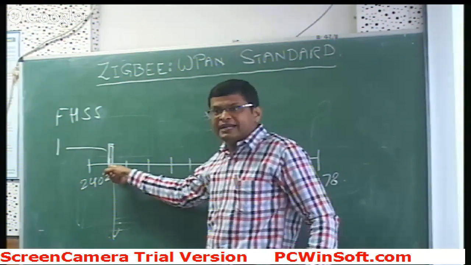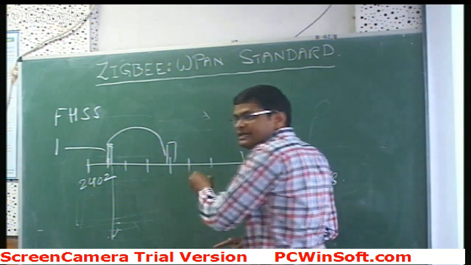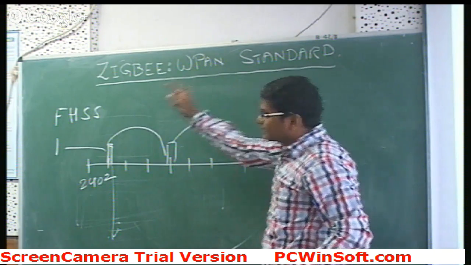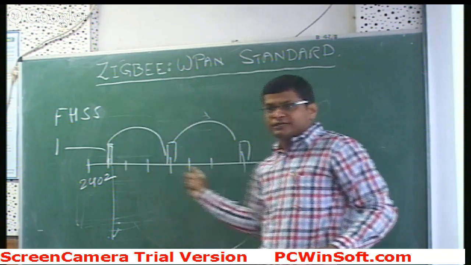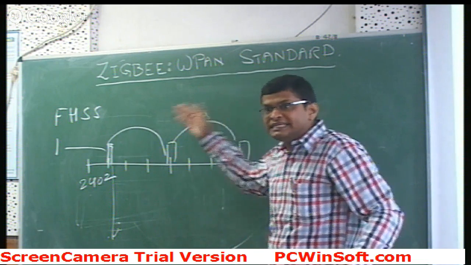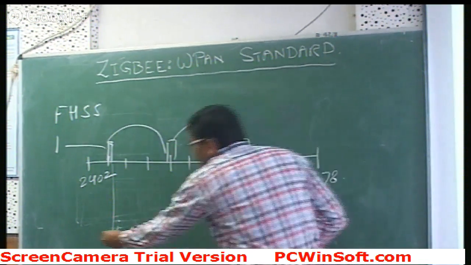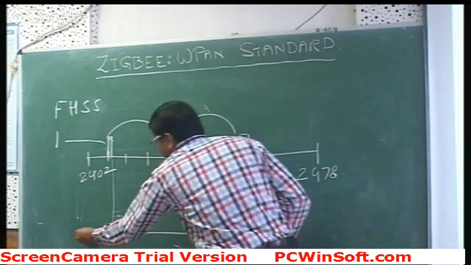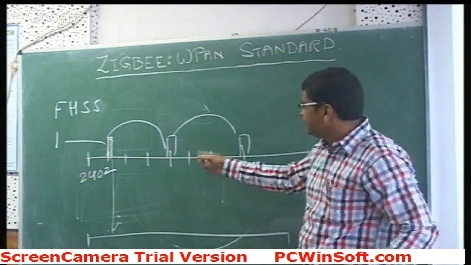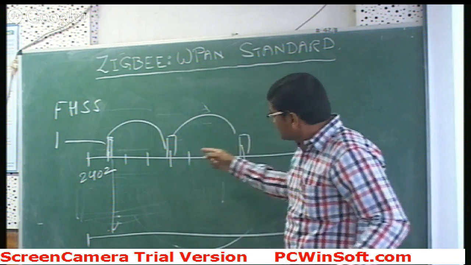First, I send my data by channel 1, then randomly by channel 3, then randomly over channel 5, and in a random way I use all the channels. The pattern in which I will send the signals over the air is known to my receiver. In what pattern I will send over which channel in the frequency, that pattern is known to my receiver.